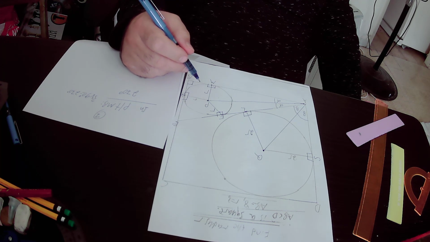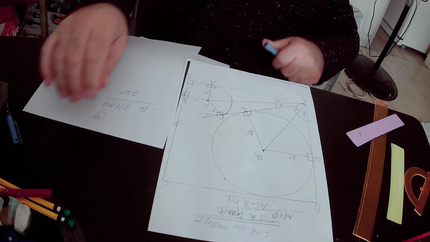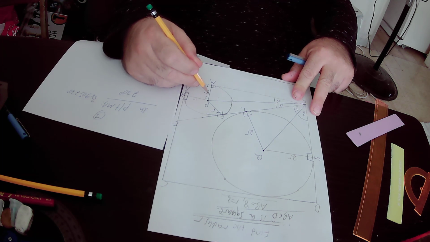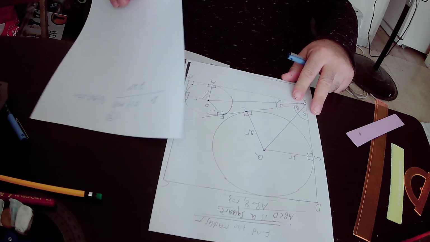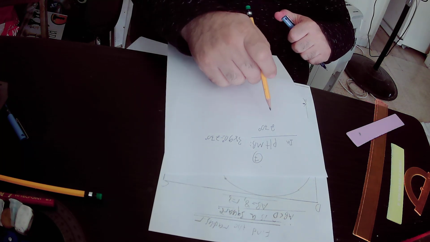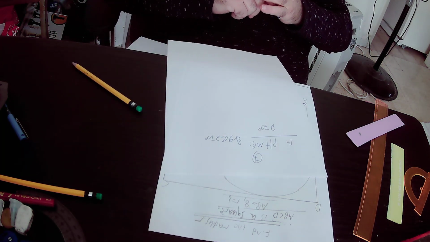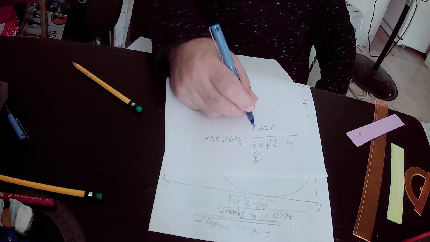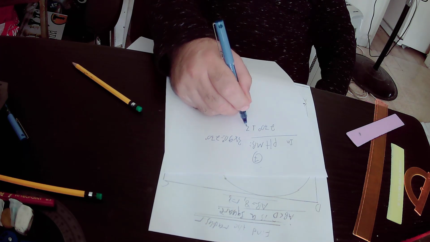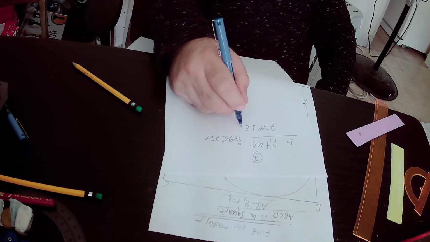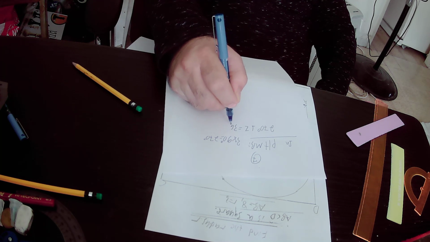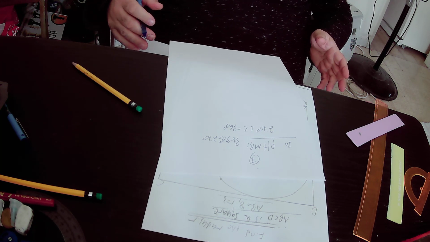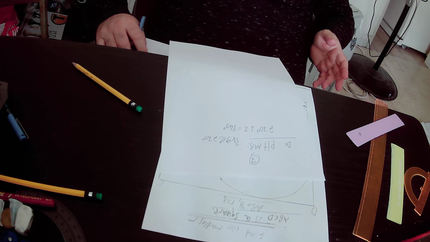So if we define this angle as angle Z, then the sum of the three angles, 270 degrees, plus the size of angle Z in total must be equal to 360 degrees, according to the rule that the sum of the angles in any quadrilateral equals 360 degrees.